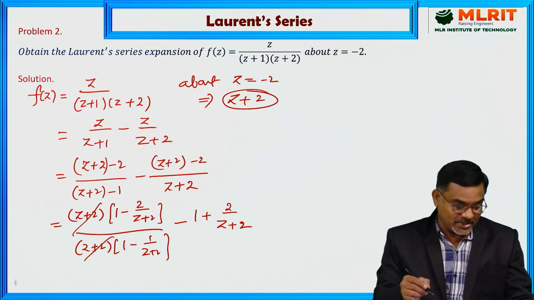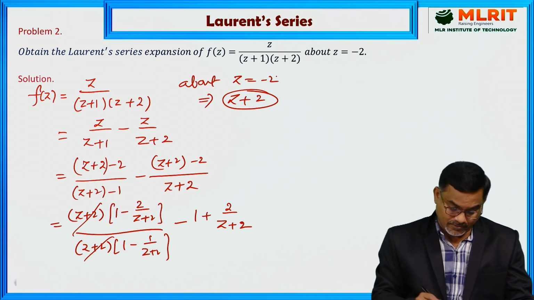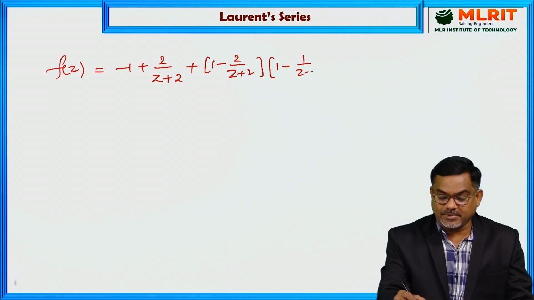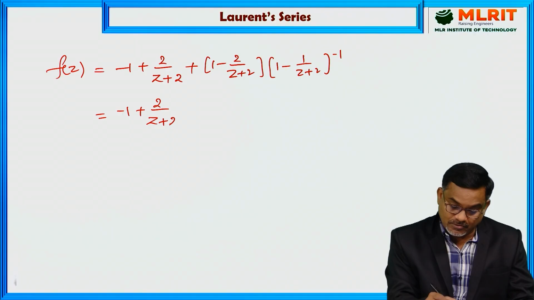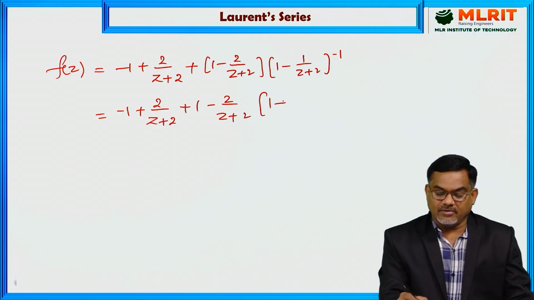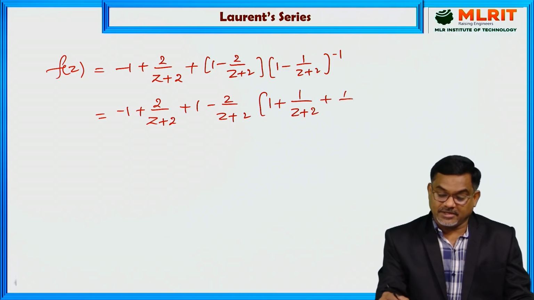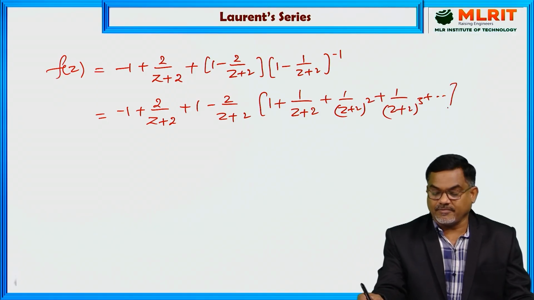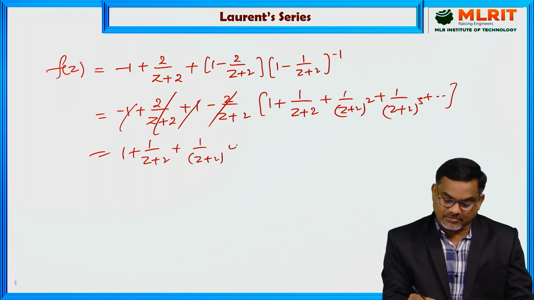So, 1 minus 2 by z plus 2 into 1 minus 1 by z plus 2 whole power minus 1. So, minus 1 plus 2 by z plus 2 plus 1 minus 2 by z plus 2, and here we can use the standard expansion. So, 1 by z plus 2 plus 1 by z plus 2 whole square plus 1 by z plus 2 whole cube and so on. So this becomes 1 plus 1 by z plus 2 plus 1 by z plus 2 whole square and so on.